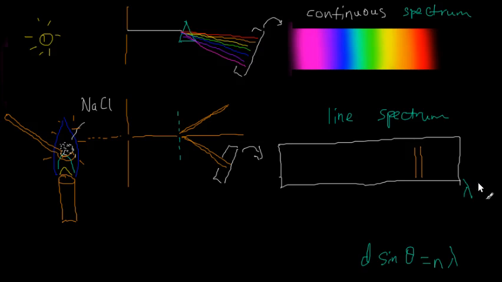So the wavelength in nanometers, as I said, is something that you could easily measure, well, easily once you get used to it, by measuring this angle and then using this formula with n equals 1 to calculate the wavelength. The d is usually known, given by the manufacturer when you buy the diffraction grating. So lambda can be calculated.